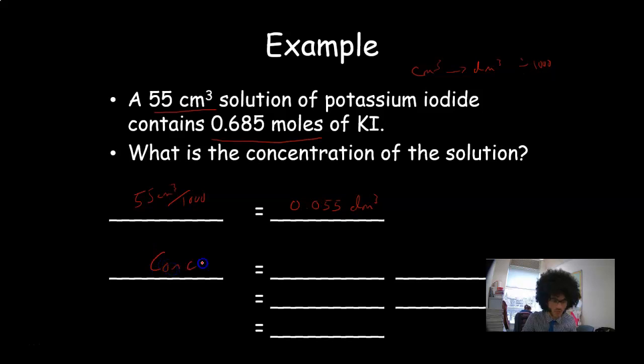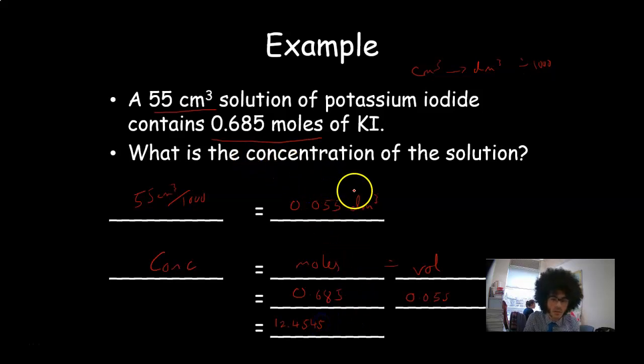Now I can work out my concentration. So concentration equals moles divided by volume, and my moles is 0.685. My volume, as I worked out here in decimeter cubed, is 0.055. Therefore, my calculation will be 0.685 over 0.055, and that gives me quite a long number, 12.4545, and basically recurring.